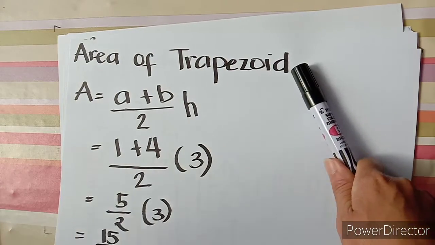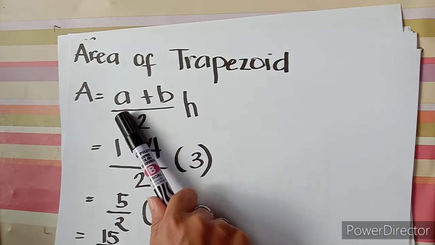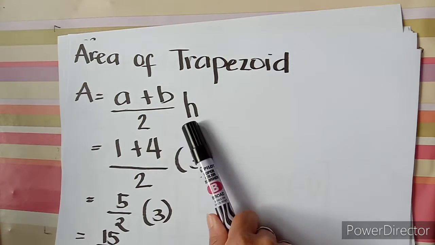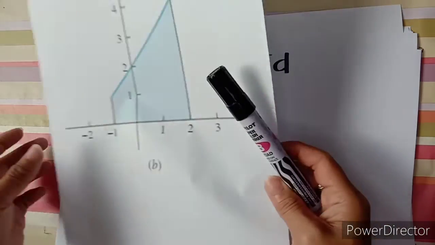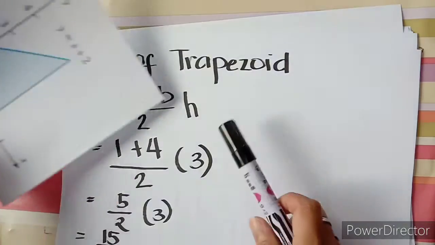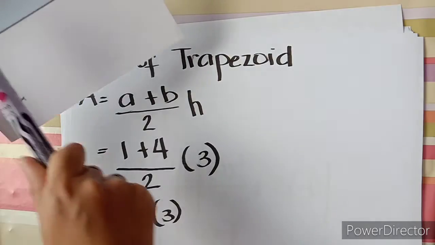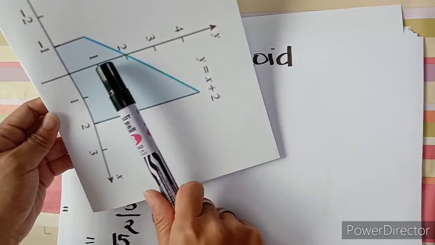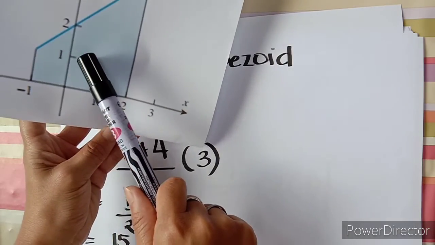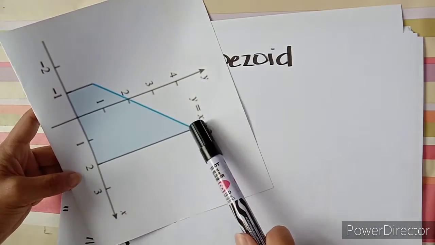The area of a trapezoid is A equals (a plus b) over 2 times height, where a is base 1 and b is base 2. In this graph, the first base has a length of 1, while the second base is 4.